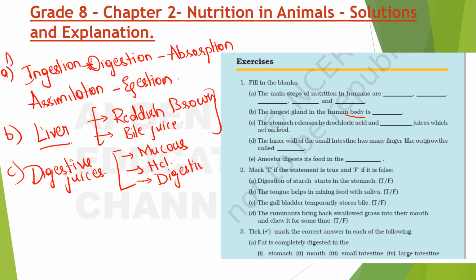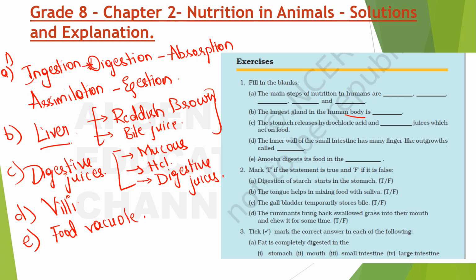All these will help in the digestion of the food, right? Next, the inner wall of small intestine has many finger-like outgrowths called as what? Villi, right? So villi are the finger-like outgrowths that are present in the inner wall of the small intestine. Next is, amoeba digests its food in the food vacuole, right? What is it? Food vacuole.